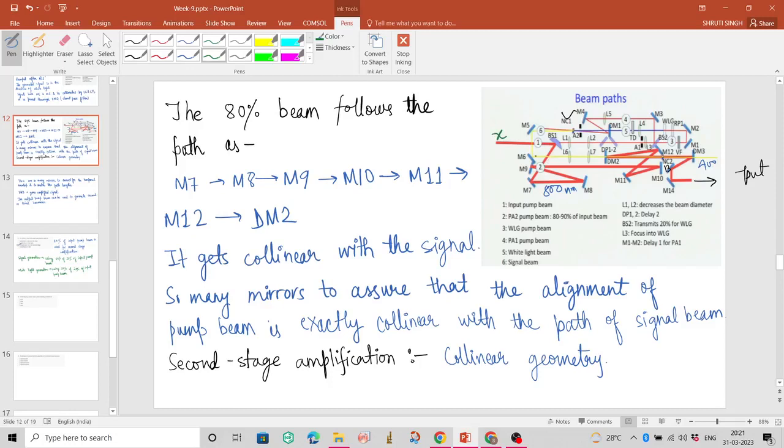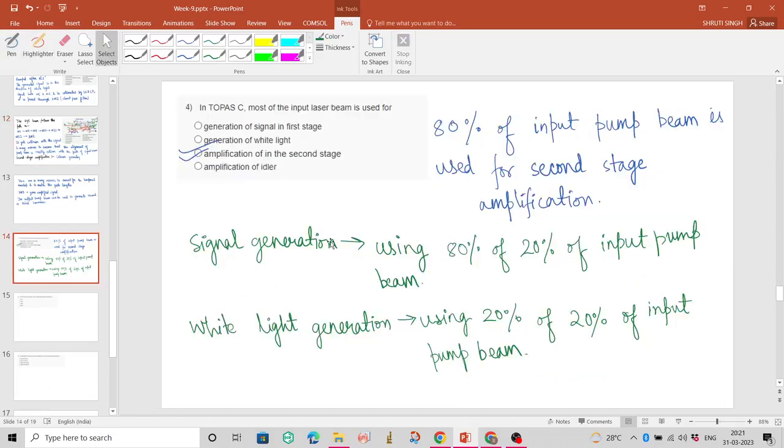Now 80% of x comes in this way, 80% x, and 20% goes here. After this beam splitter 2, again 20% goes in this. So here 20% of 20% x goes here, and this part of the beam is 80% of 20% x. Okay, so this is what I wrote here.